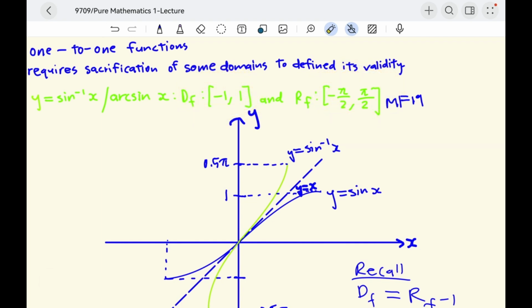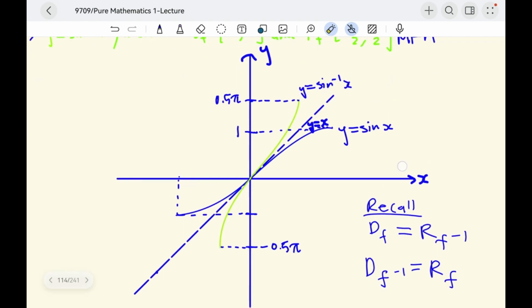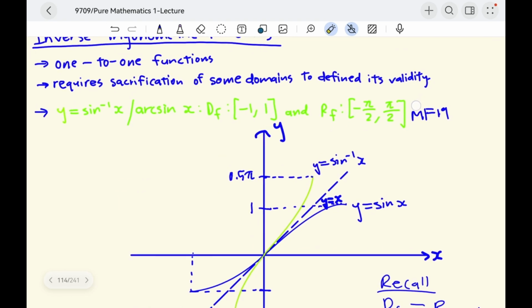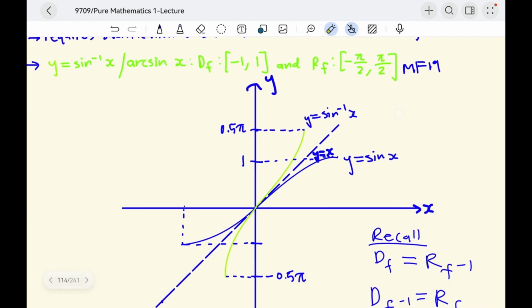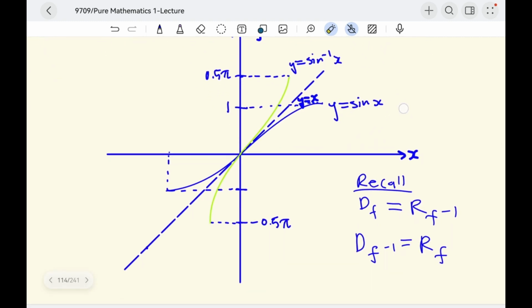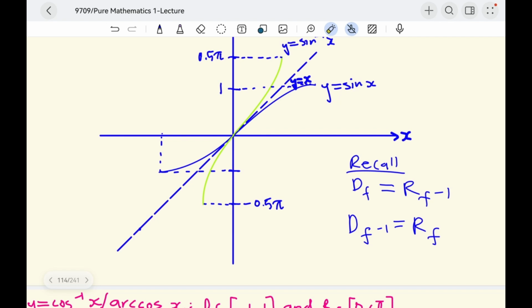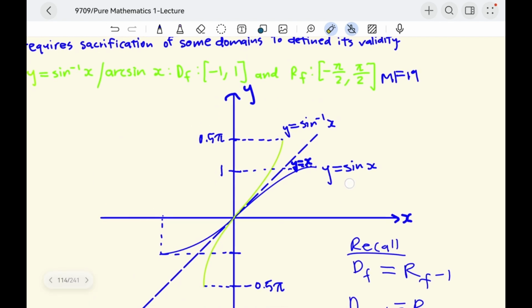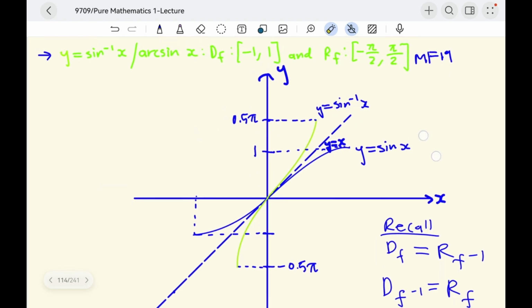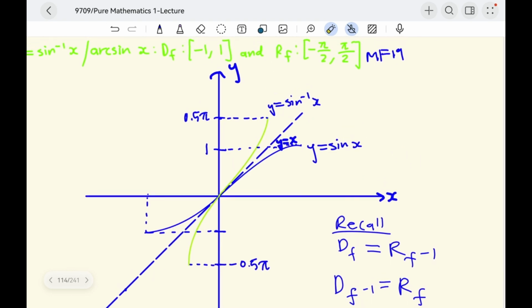I think this domain and range will exist in your MF19, so no worries, there is no point in finding its domain and range. At least you have MF19 during the external examinations to provide you the ideas to answer the particular questions. Okay?